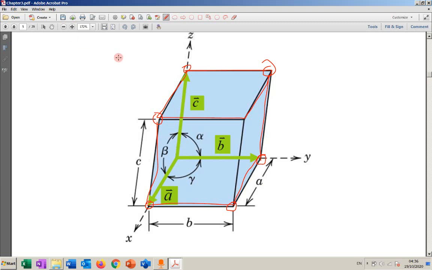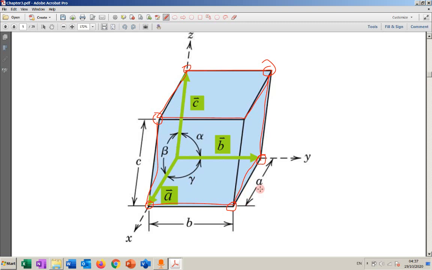But in the beginning, if you want to represent a shape in 3D, you need 6 pieces of information: the three sides A, B, C, and 3 angles. That is enough to represent any regular 3D shape. We call them lattice parameters.